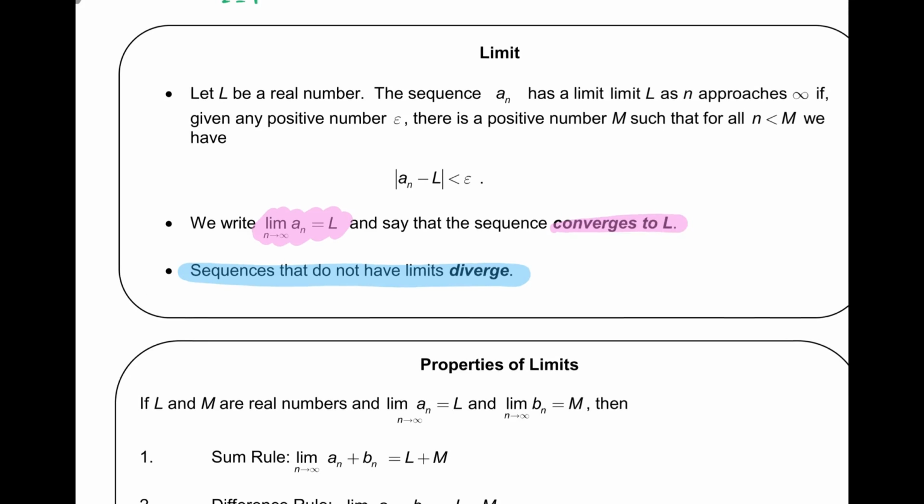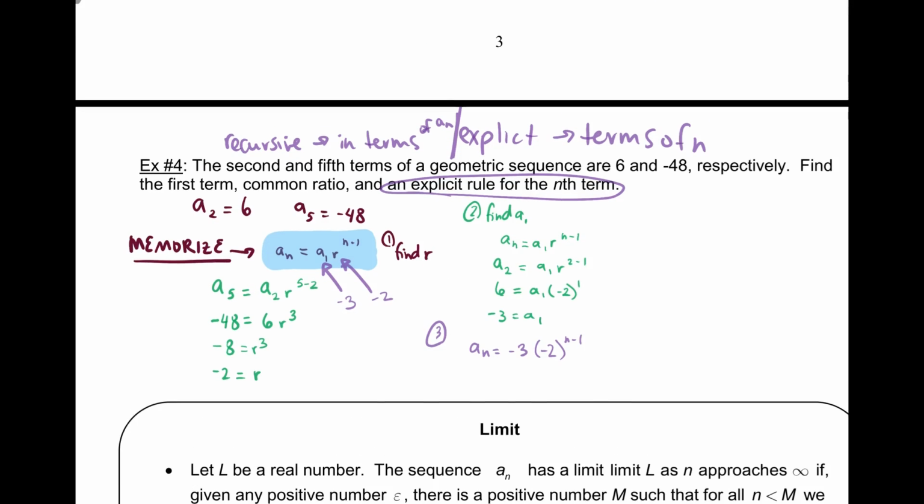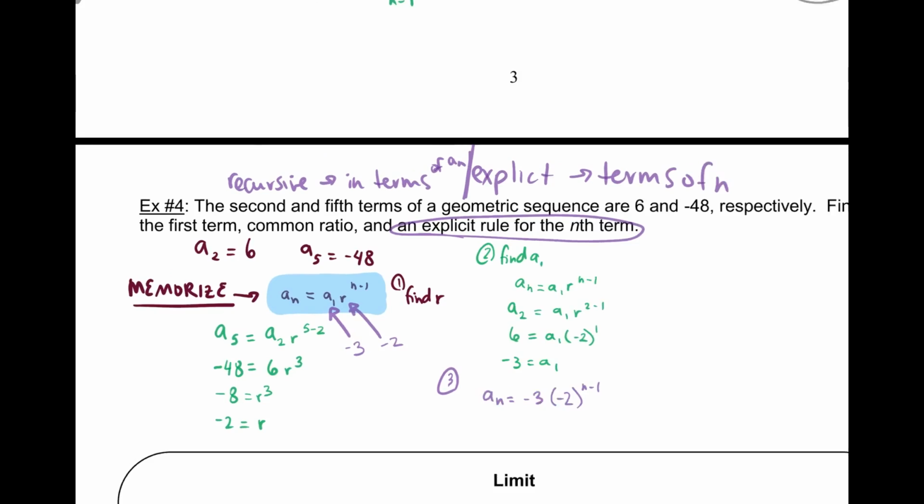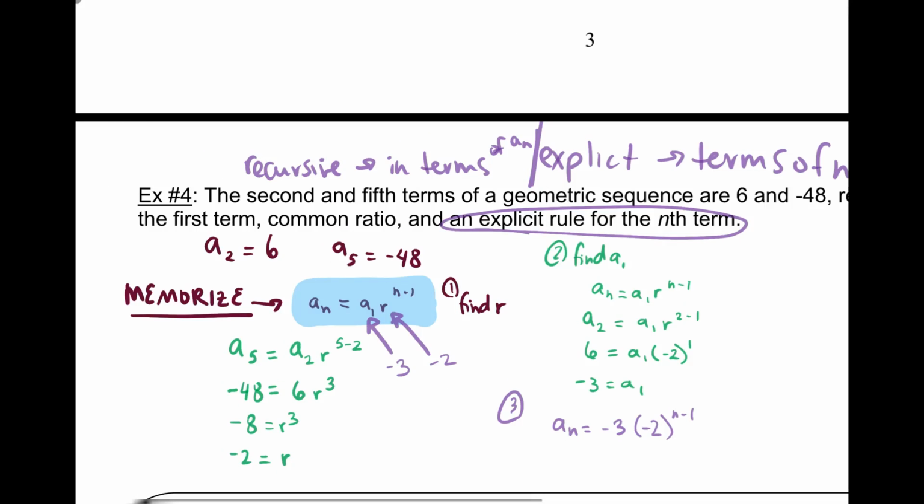So the whole point of this little box here is saying that if we see it's clearly approaching something, we have a limit. If it's not approaching anything, if it's diverging, we're not going to have a limit. So for instance, this one, are we approaching anything? Yeah, we are approaching. What number? None.